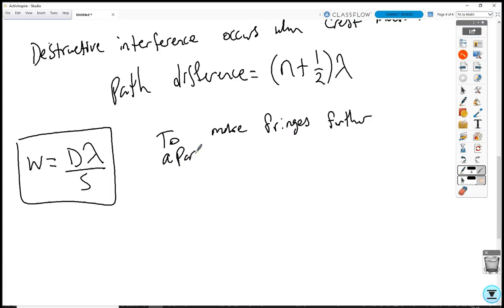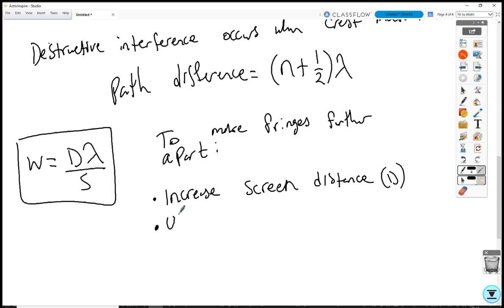So to make fringes further apart, we can increase screen distance D. We can use longer wavelength light, lambda.